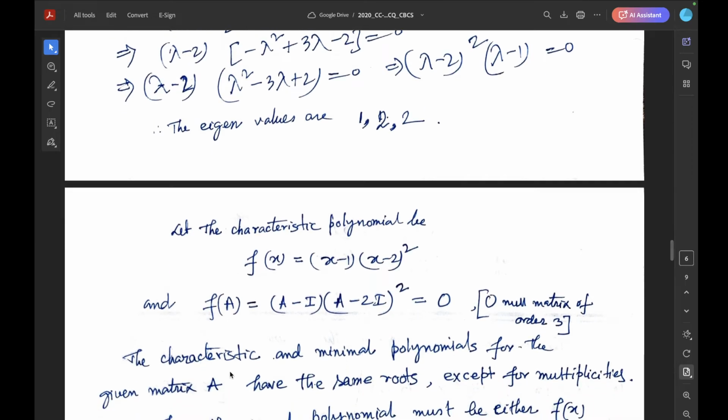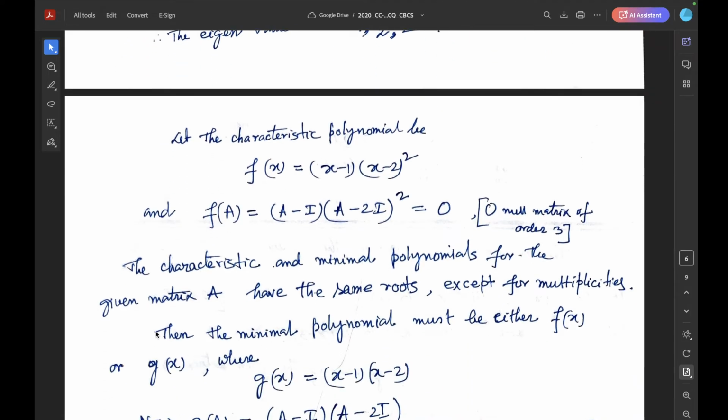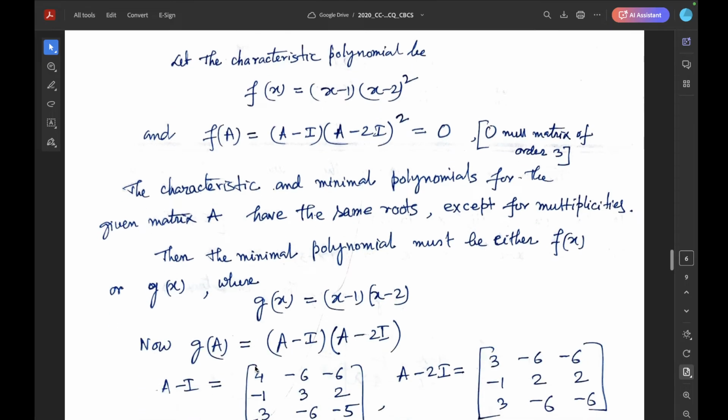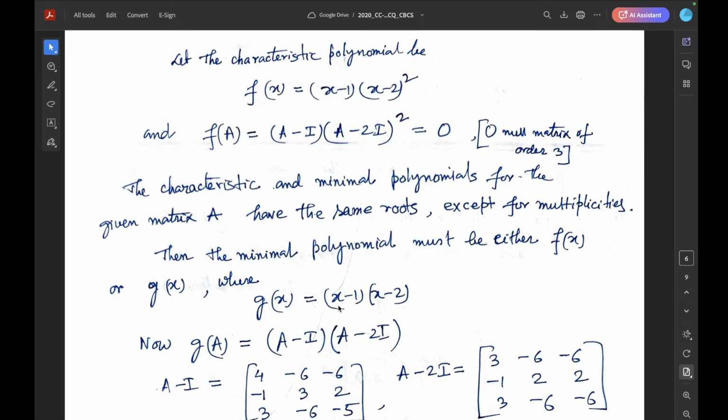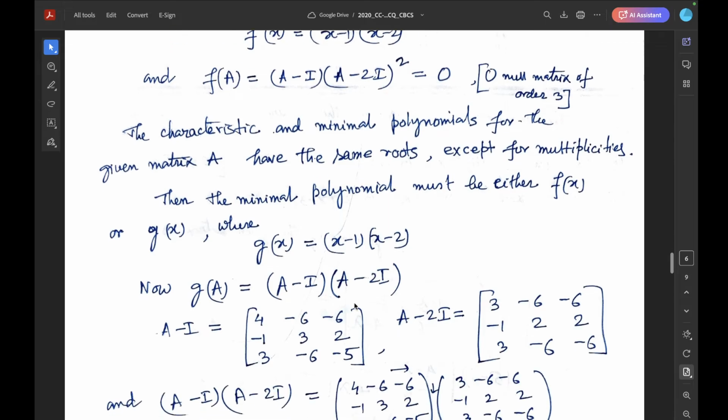The characteristic and minimal polynomials for the given matrix A have the same roots except for multiplicities. Then the minimal polynomial must be either f(x), the characteristic polynomial, or g(x), where g(x) equals (x minus 1)(x minus 2). Now g(A) equals (A minus I), where I is the identity matrix of order 3, into (A minus 2I).